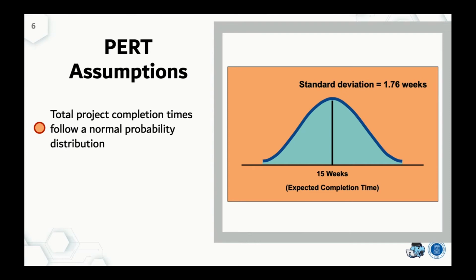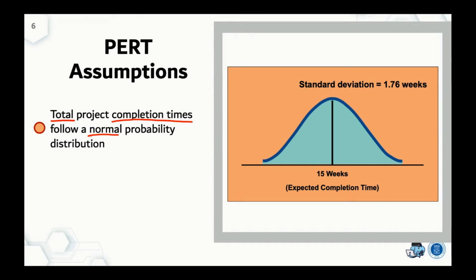Previously, we discussed that the activity time follows the beta distribution. But when we sum up the activity times to get the completion time, the distribution of the total project completion time will follow the normal distribution.